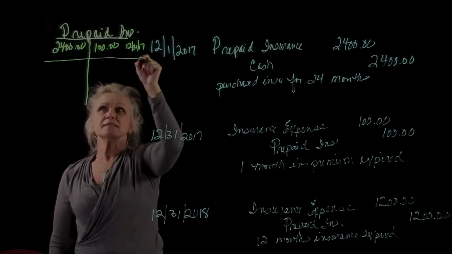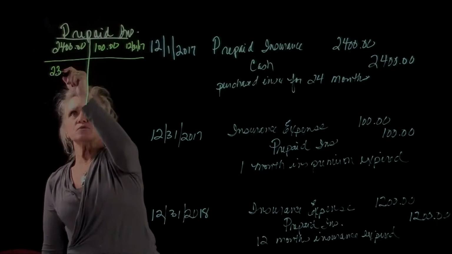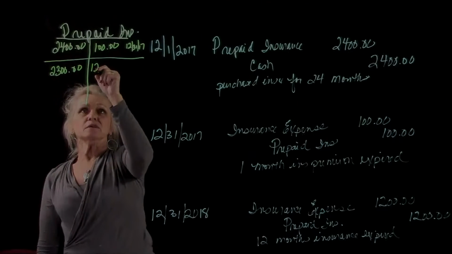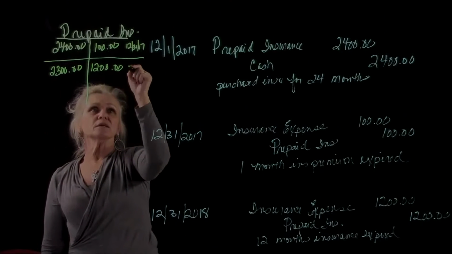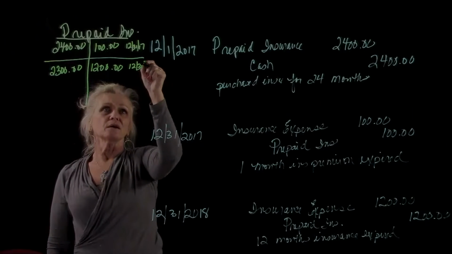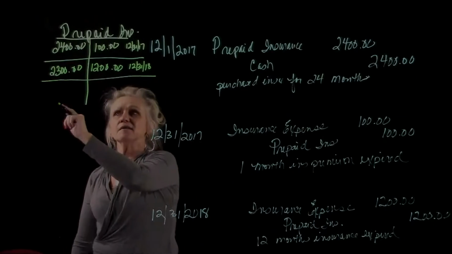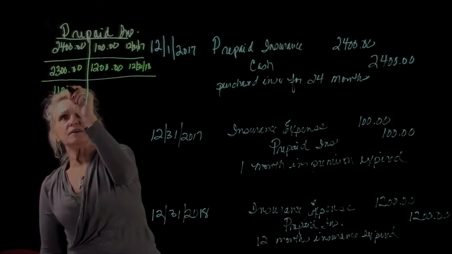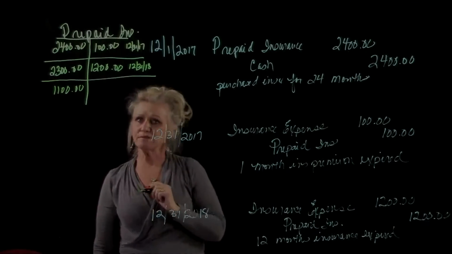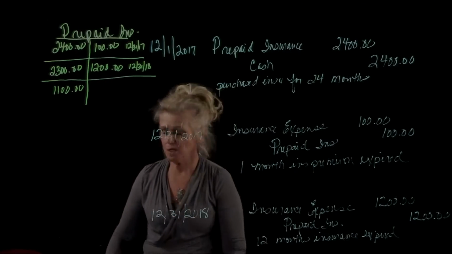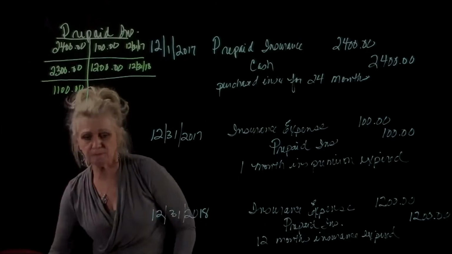So then this account had $2,300. The end of the next year, we reduced it by $1,200. So at the beginning of 2019, this account has $1,100 left in it. So we know that we have $1,100 of insurance still to expire.